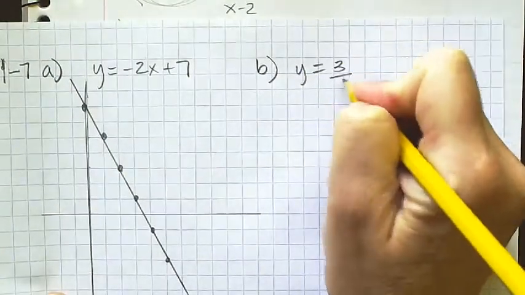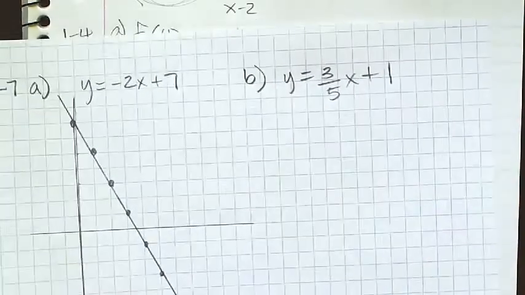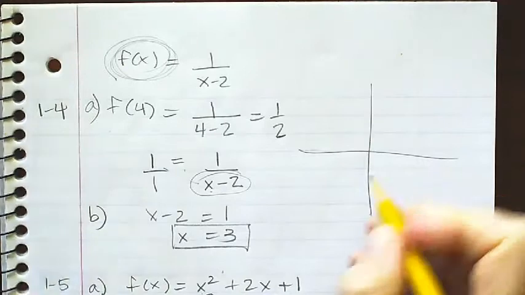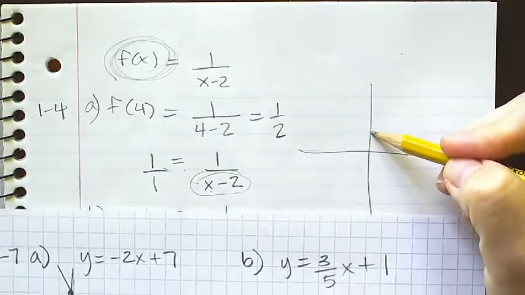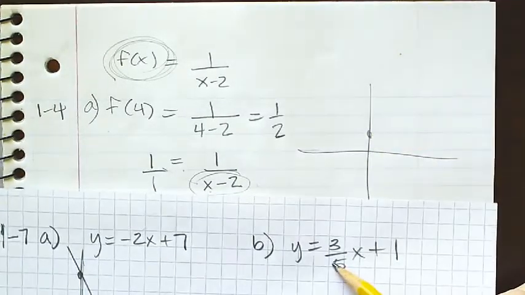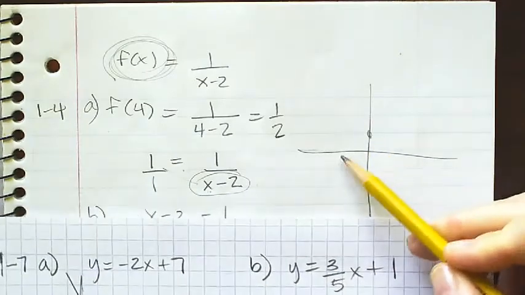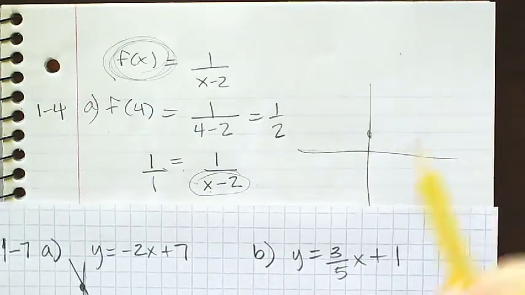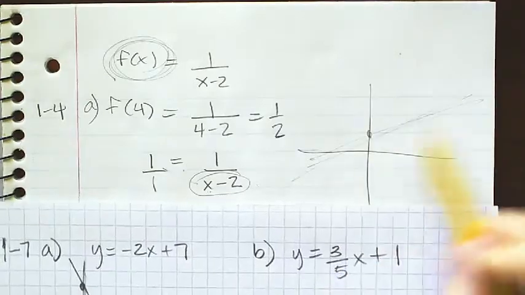For 3/5 x plus 1, that's going to be a y-intercept of 1 and a slope of 3/5, which is less than 1. Remember, 1 would be at a 45-degree angle, so less than 1. So it's going to look kind of like this.